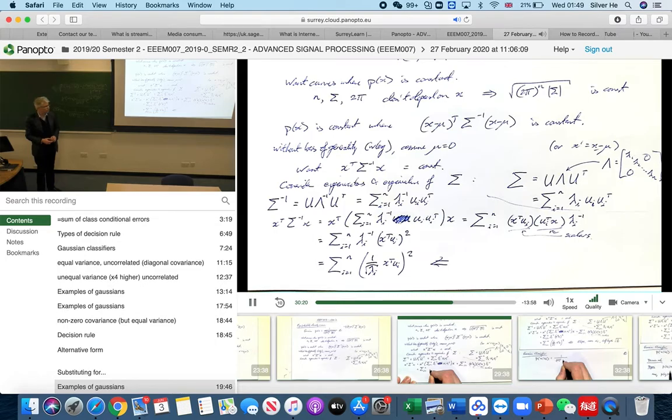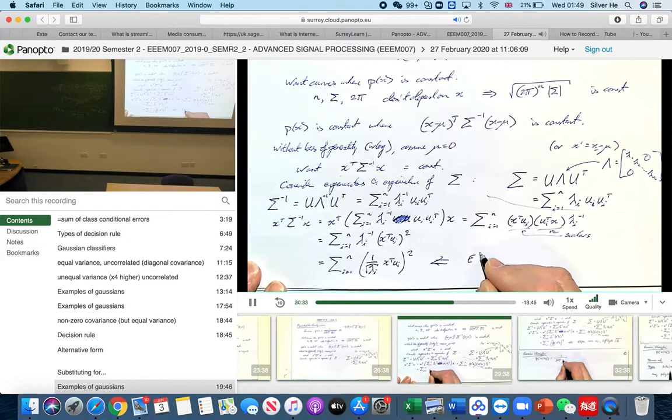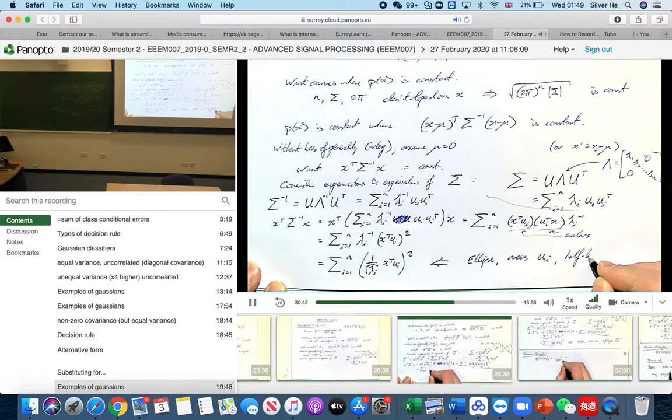What sort of shape is this? It's not a circle. A circle will be the sum of x squared plus y squared is constant. What's this shape? It's an ellipse, yeah. So this is an ellipse with axes ui and half lengths square root of lambda i.